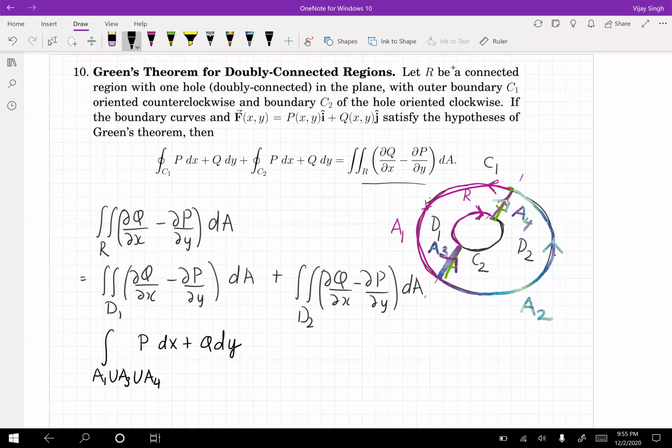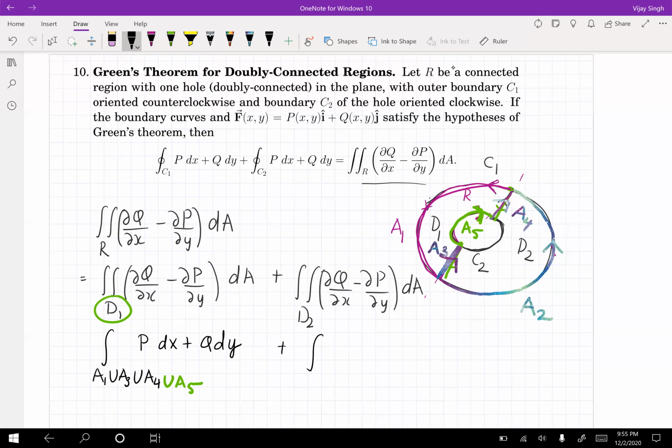But what about this piece here? We have one more piece left out, so let's call this A5. So union A5. This is the first part, D1.